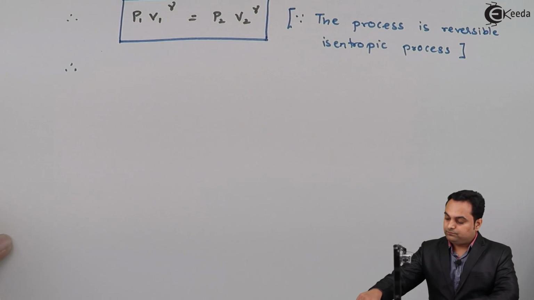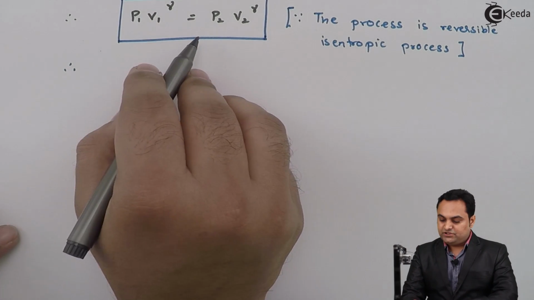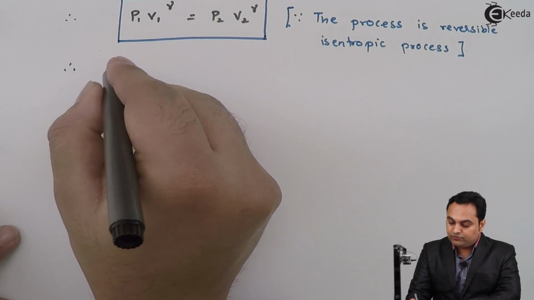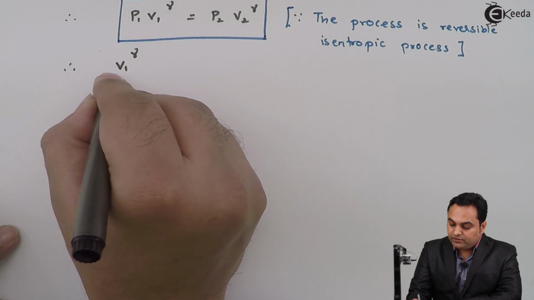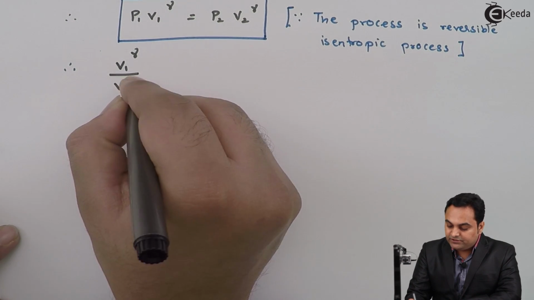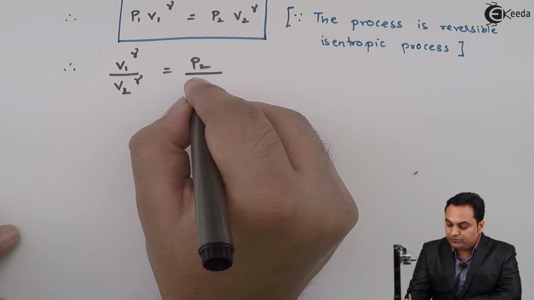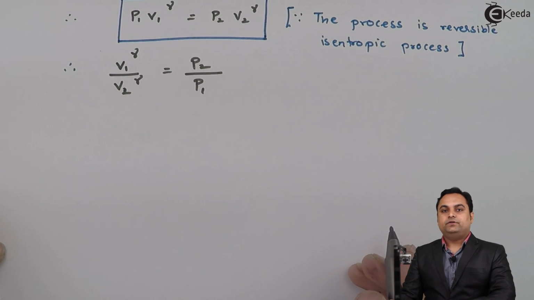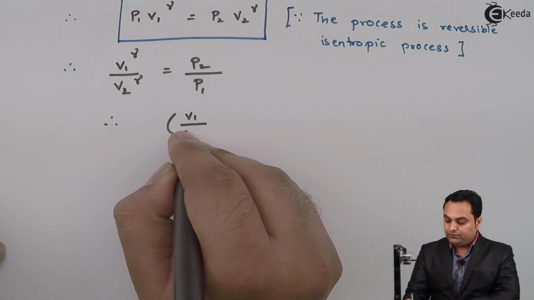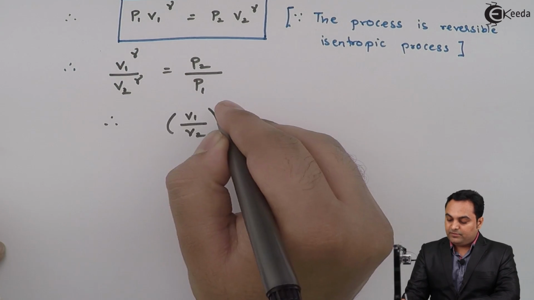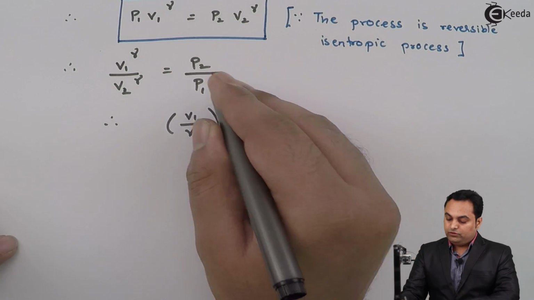Here I'll write it in a special form: I'll shift P1 here, we are left with V1 raised to gamma, and V2 raised to gamma I'll bring onto the left hand side. Here we have P2, and this P1 will go into the denominator. Therefore V1 by V2, taking gamma as common, raised to power gamma, is equal to P2 by P1.